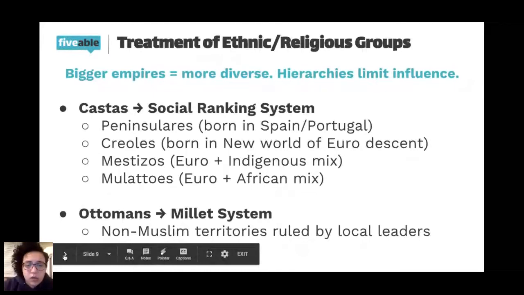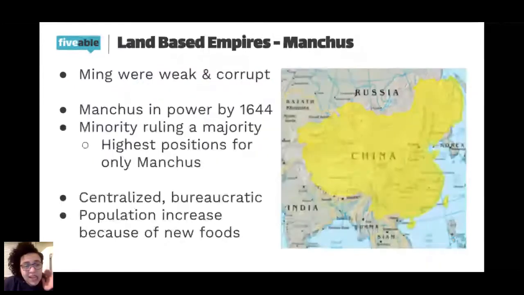So we're first going to cut through the land-based empires. I'm just going to give you a couple facts about each empire. We're not going to go super in depth on each one. Your textbooks are probably covering each of these pretty in depth, but to be honest, just know the major things about them.